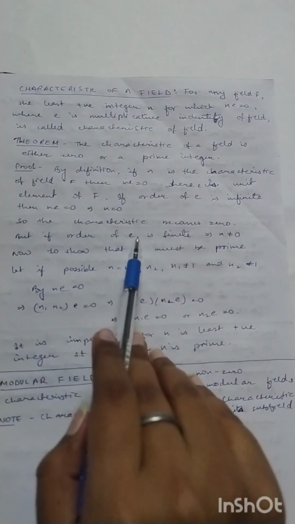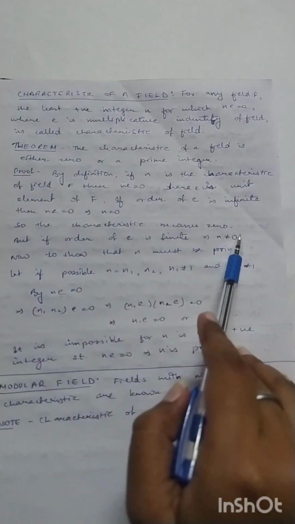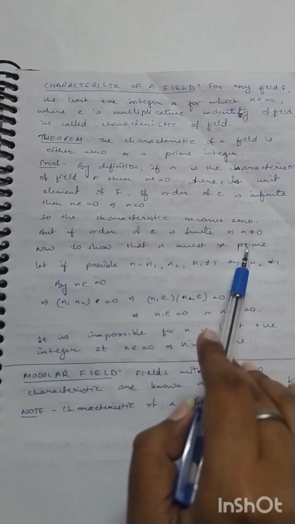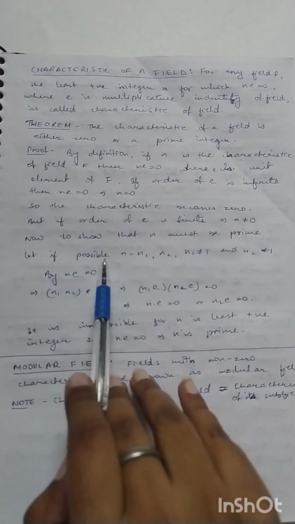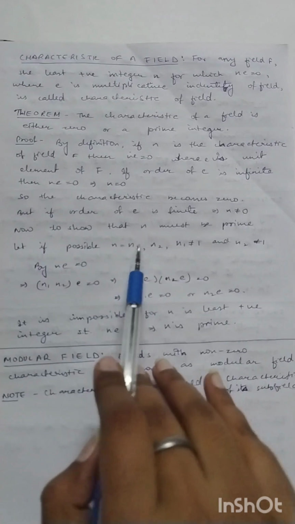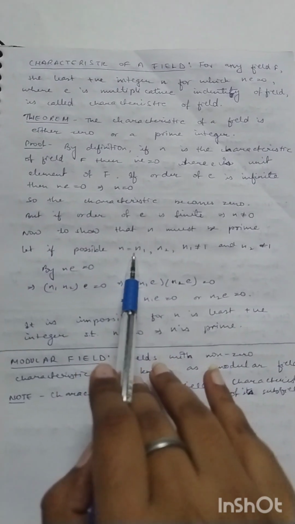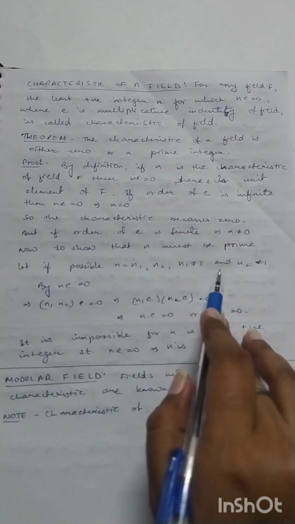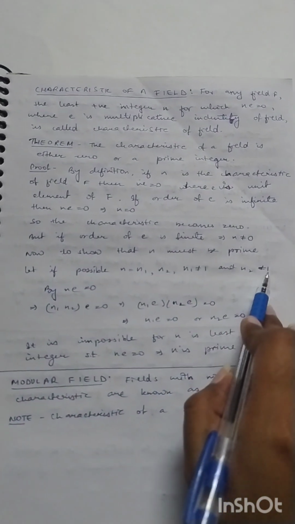But if the order of e is finite, n is not equal to 0. Now to show that n must be prime, let, if possible, n be equal to n1 n2, where n1 is not equal to n, n1 is not equal to 1, and n2 is not equal to 1.